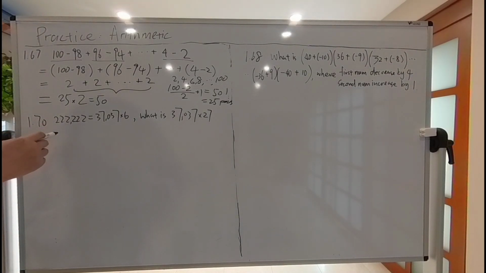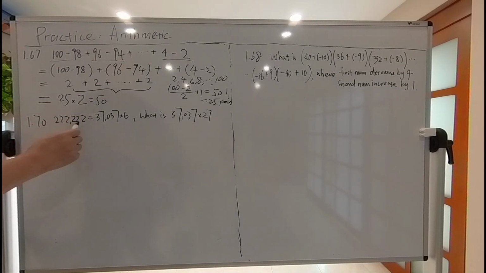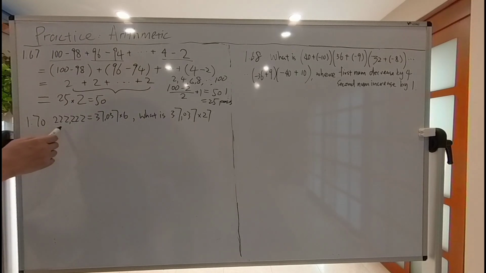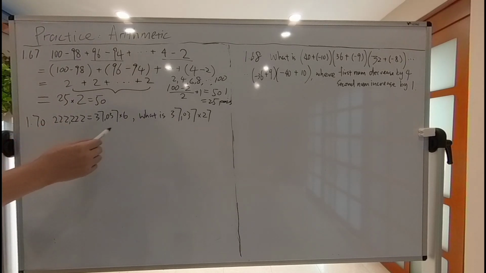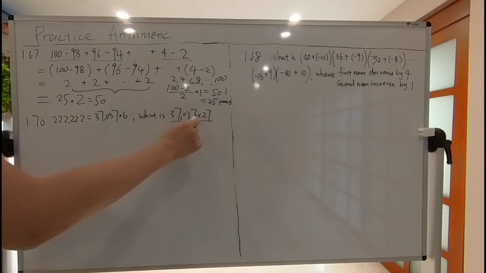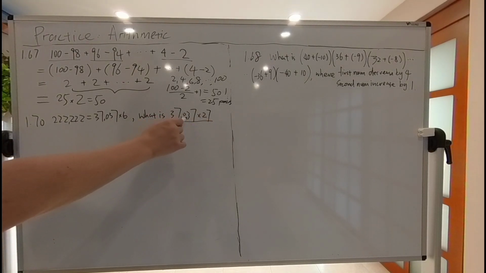Okay, so the next question: if we know that the product of 37,037 times 6 equals 222,222, what is the value of 27 multiplied by this 37,037?